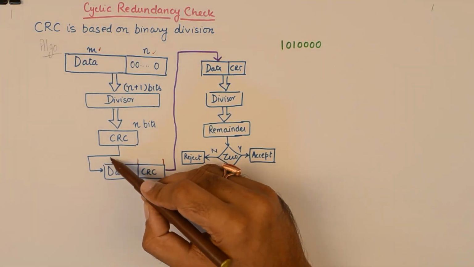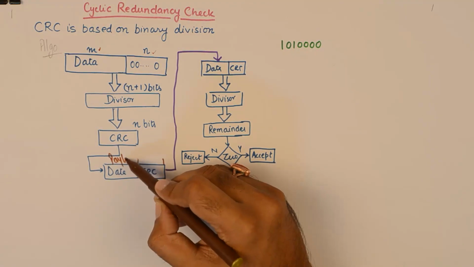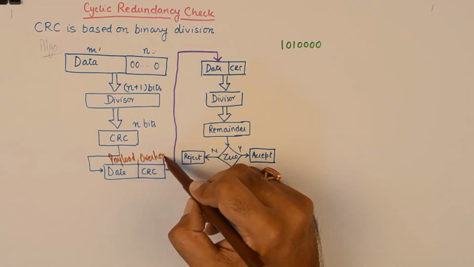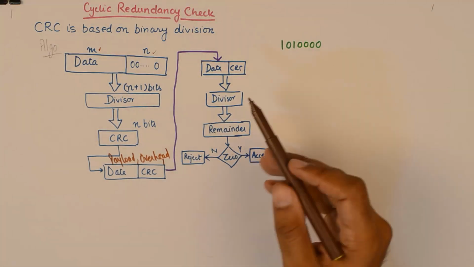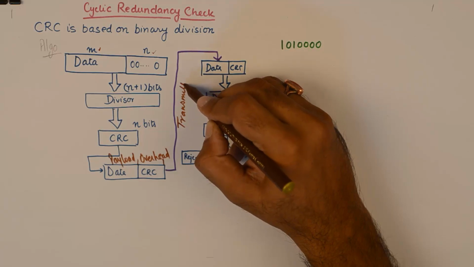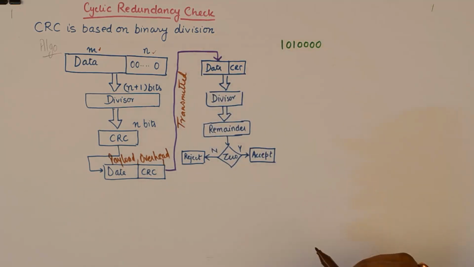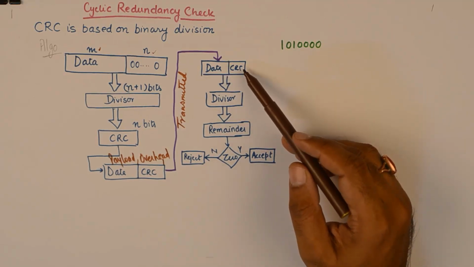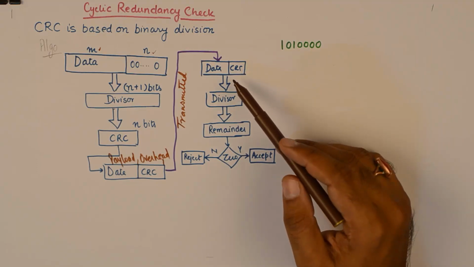So this becomes our payload and this becomes our overhead, and this is obviously transmitted to the receiver, and the receiver gets data plus its overhead, which is CRC in this case.